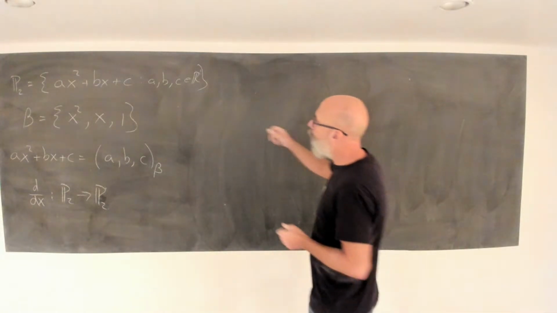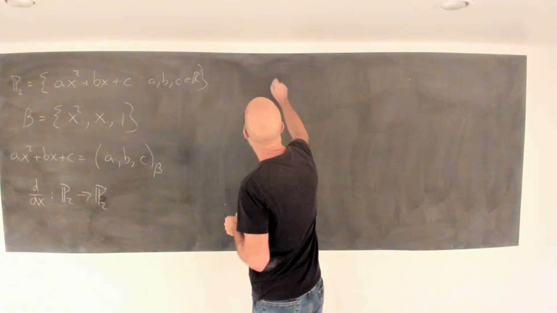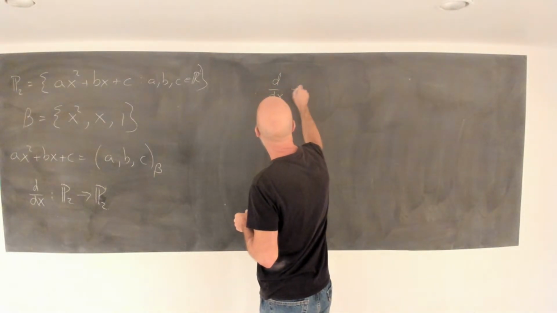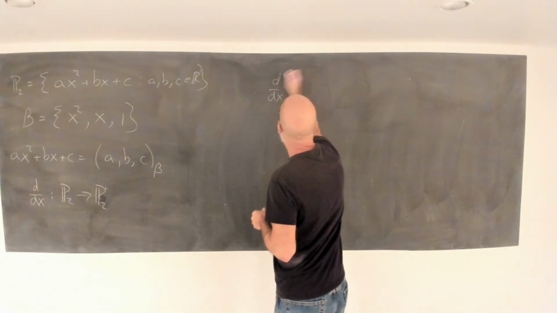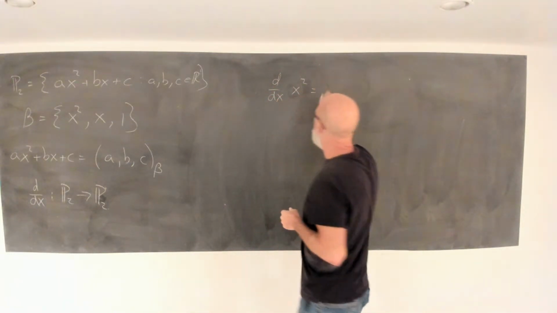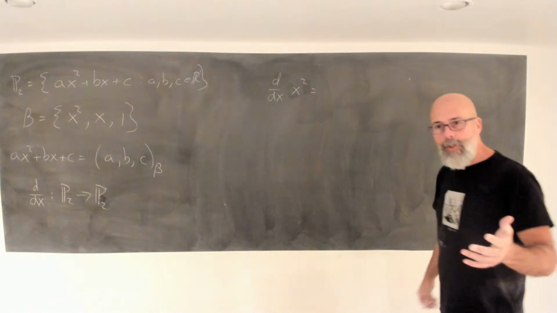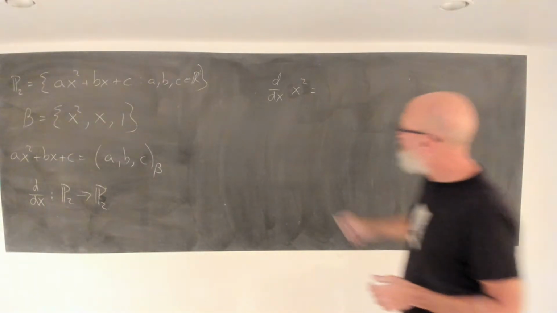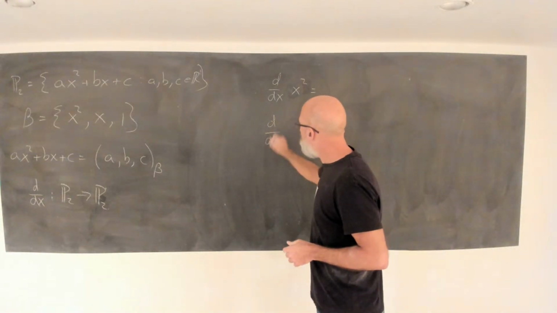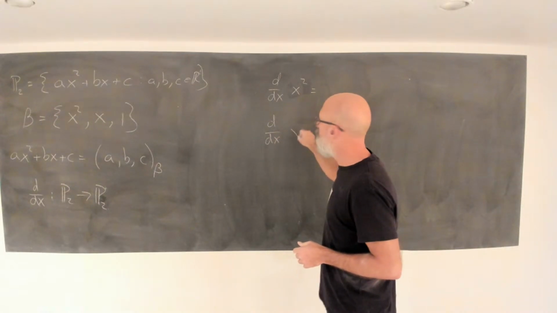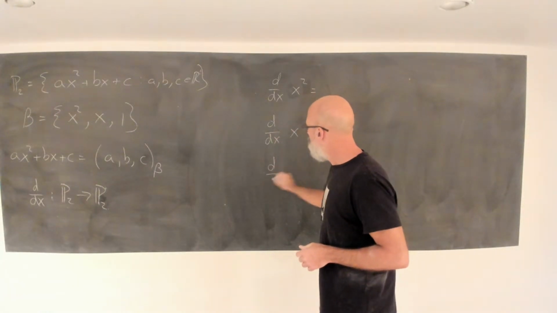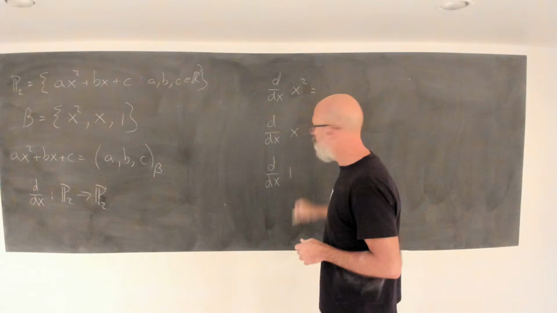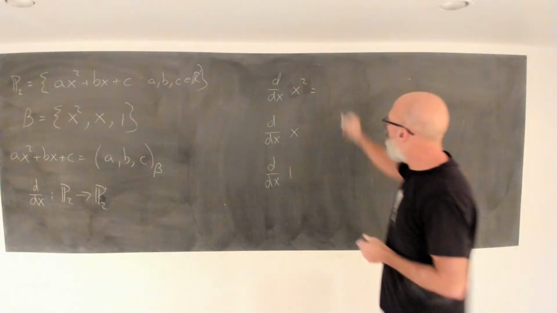You know the derivative of x squared. What is the derivative of x squared? Derivative of x squared is 2x.